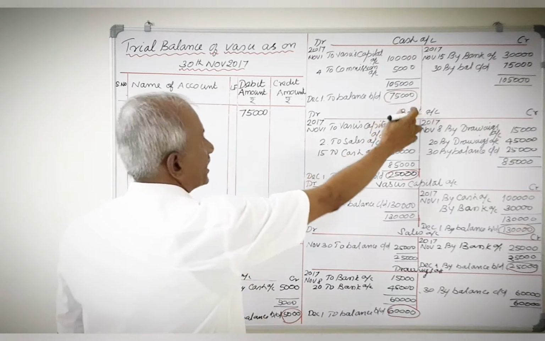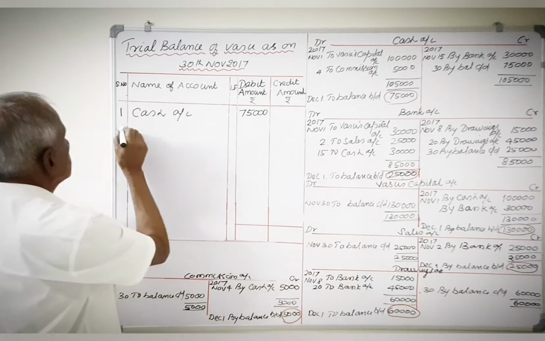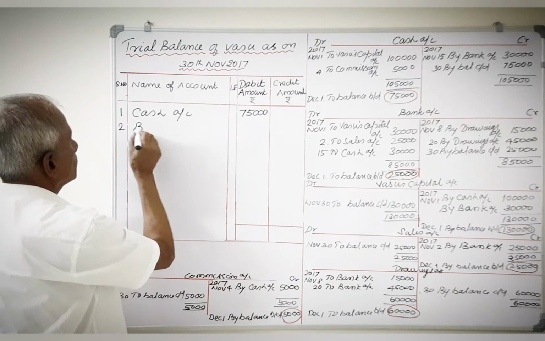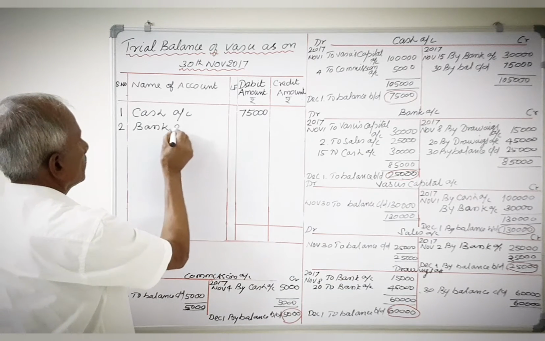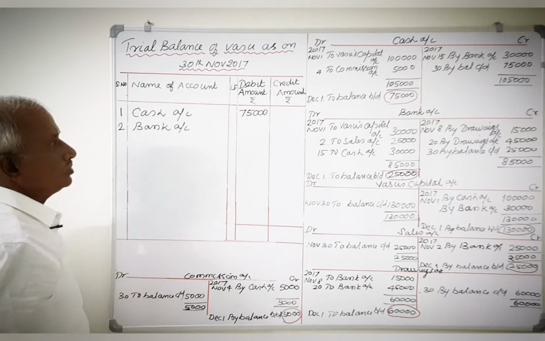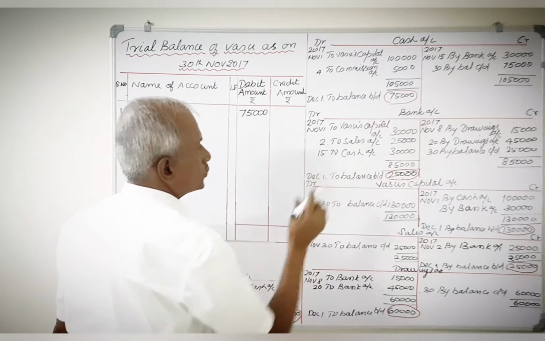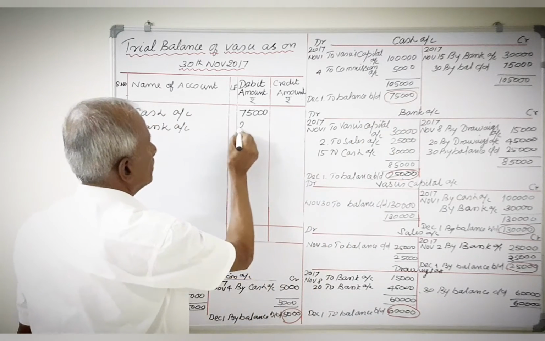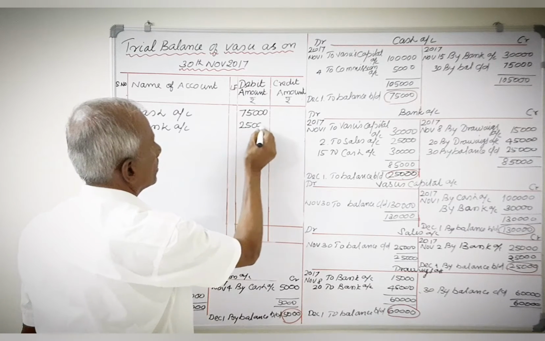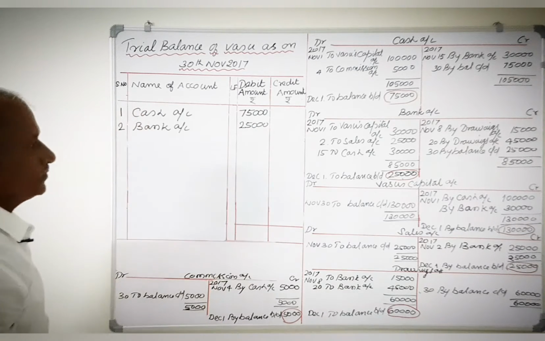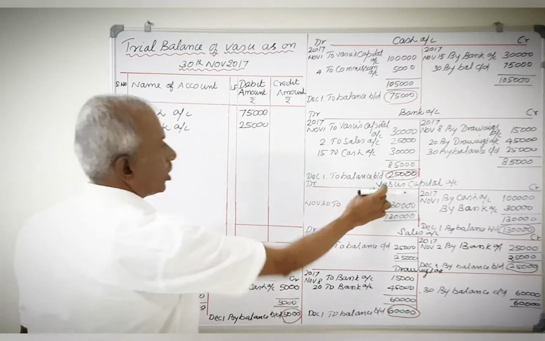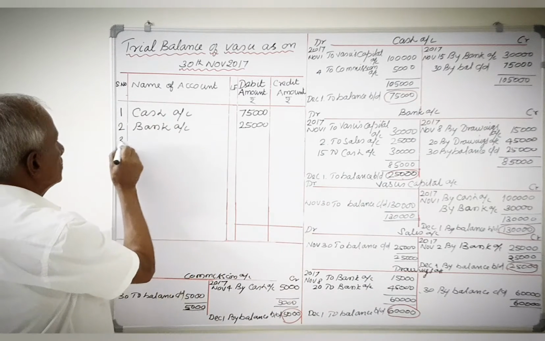Then let us go to the second account, bank account. Number 2, bank account. Bank account also shows debit balance of 25,000. 25,000.